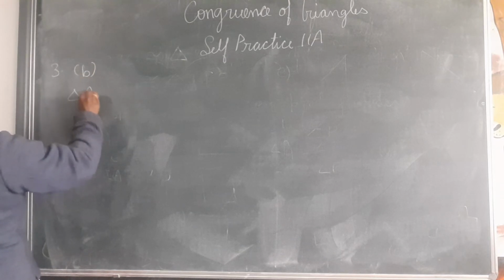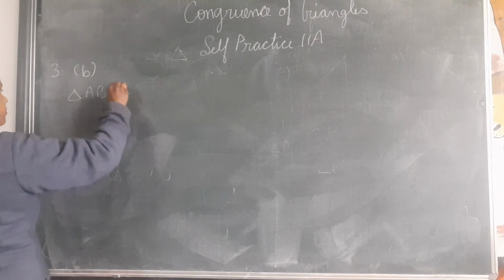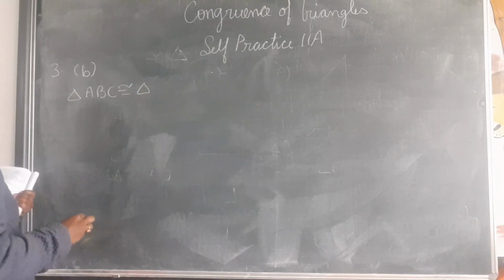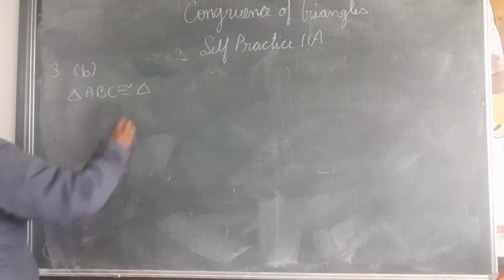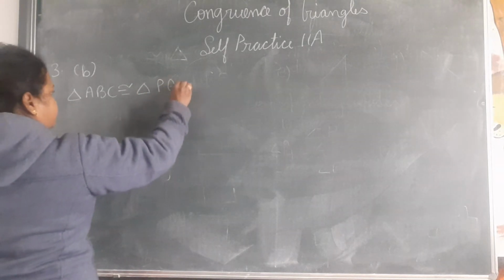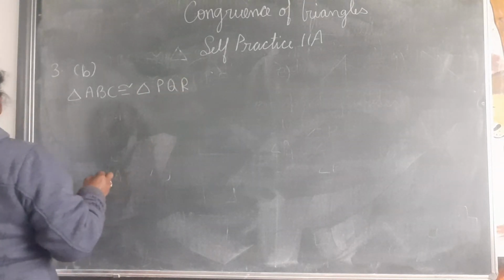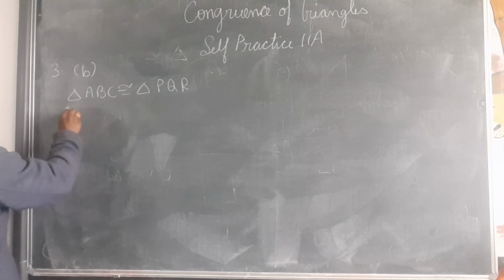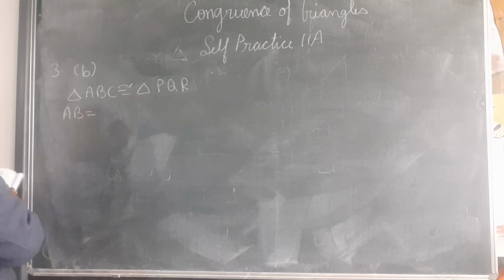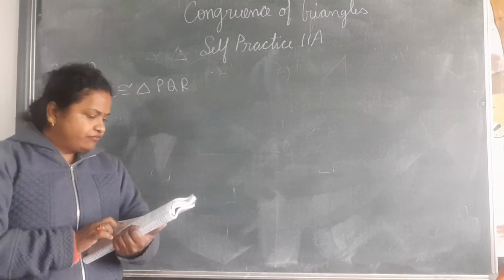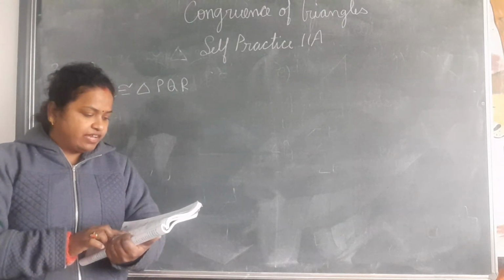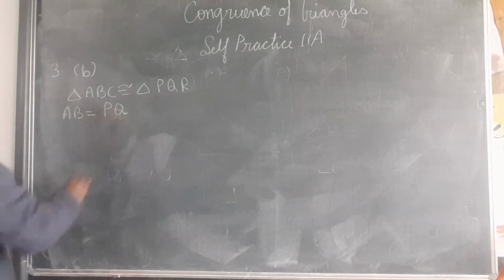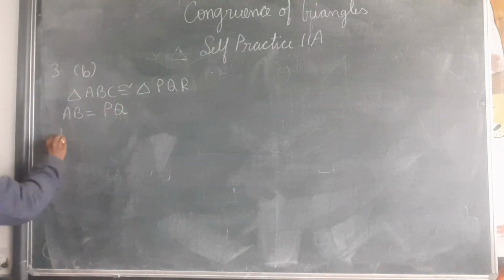Triangle ABC is congruent to triangle PQR. So AB is equal to which side? See where AB is 5, the other side is which one? PQ.